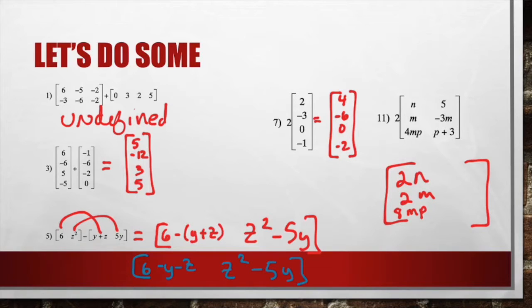We have 2 times 5, we have a 10. We have a negative 6m. And we have there, we can distribute that or leave it. We could leave it 2 times p plus 3, or we could distribute that and have it at 2p plus 6. That's your choice. Okay? All right.